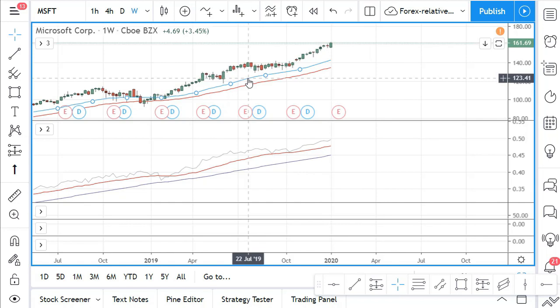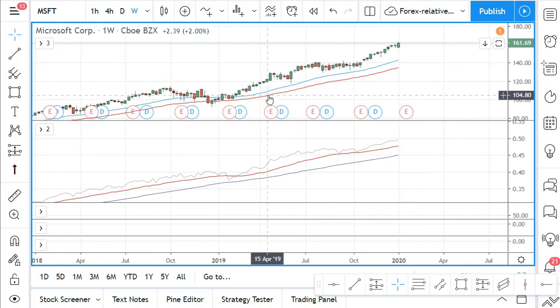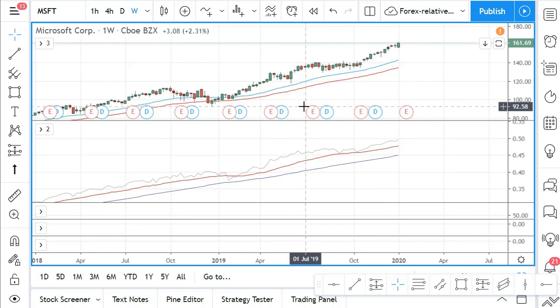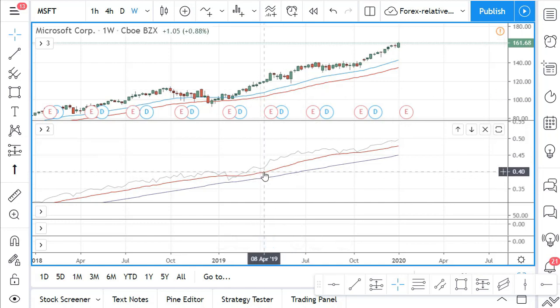That means that the average price over the last 30 weeks has been $123.41. Many people use these moving averages to say if a stock is trending or not, and we can do that. I have a couple of other tools to do that, but what we can see down here is that we have two moving averages, but those are not moving averages on the price. They are moving averages on the relative strength.